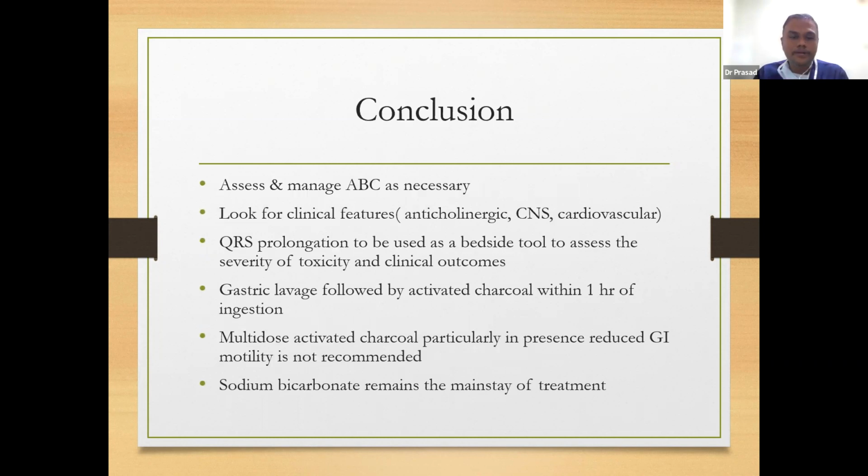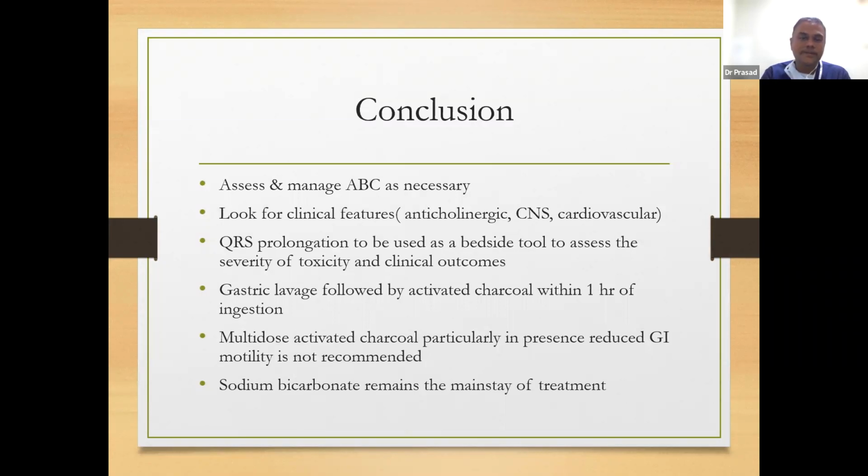Coming to the conclusion or take-home message, always assess and manage ABC, airway, breathing, circulation as necessary. Look for the clinical features: anticholinergic, CNS, and cardiovascular. Anticholinergic, as I've said: dry mucous membranes, altered mental status, constipation, that is reduced GI motility. These are the main features.